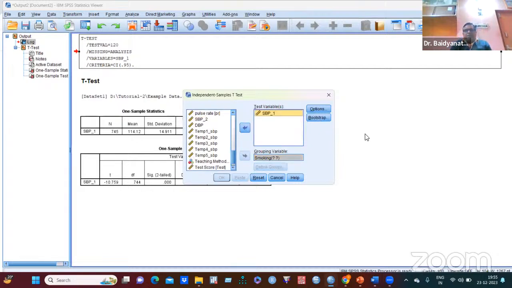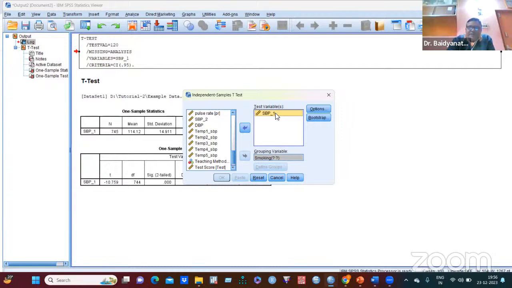When we perform the independent t-test, if you have such type of data and you want to compare by groups, then you apply the independent t-test.